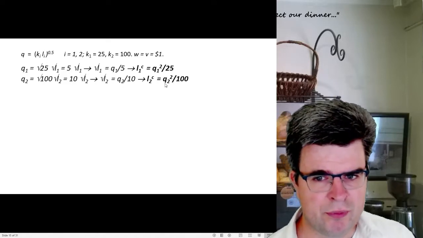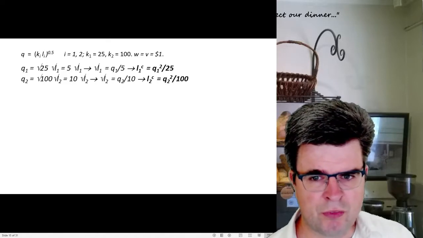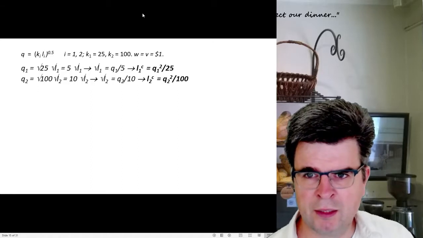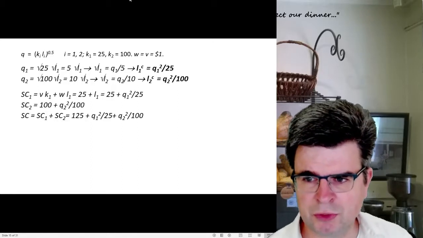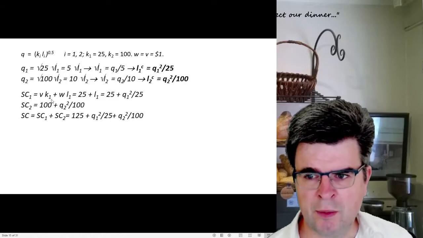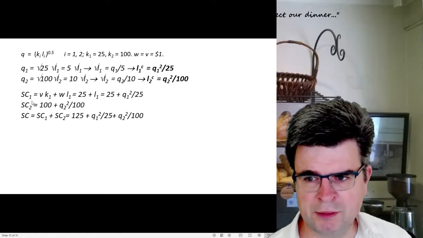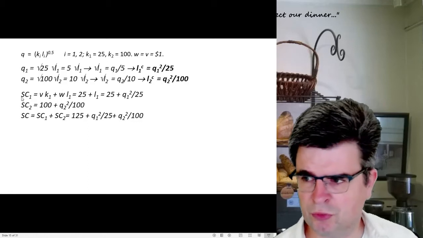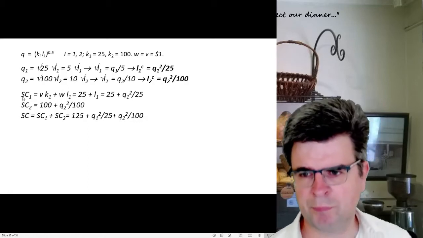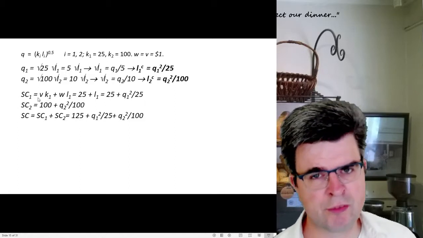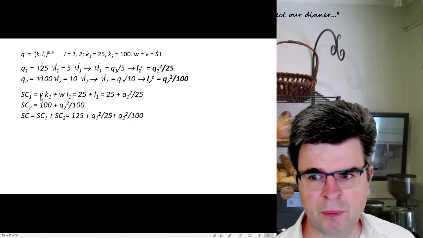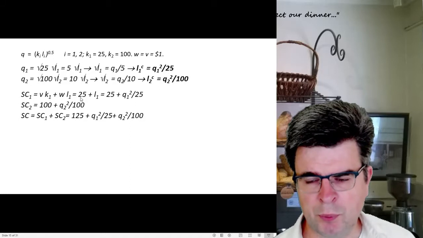Now we have the labor as a function of the output, and that enables us to derive the short-run cost function, because the short-run cost function is the number of units of capital in place. So this is the short-run cost function for firm 1, plant 1. It's the number of units of capital in place, which is fixed at 25, times the cost of capital fixed at 1 per unit.